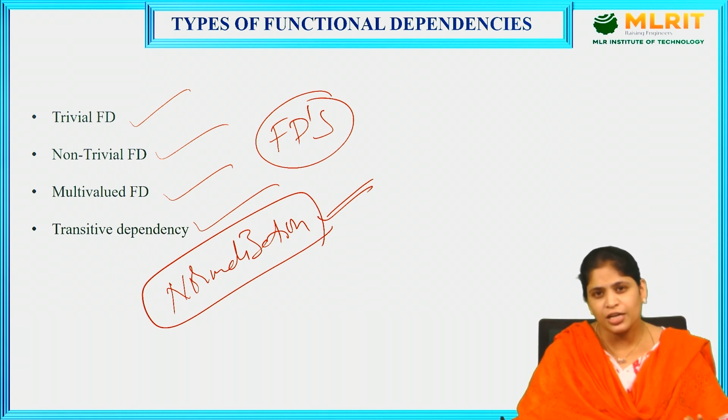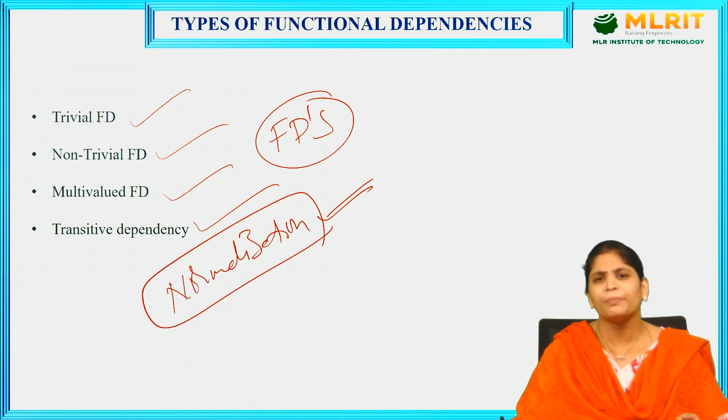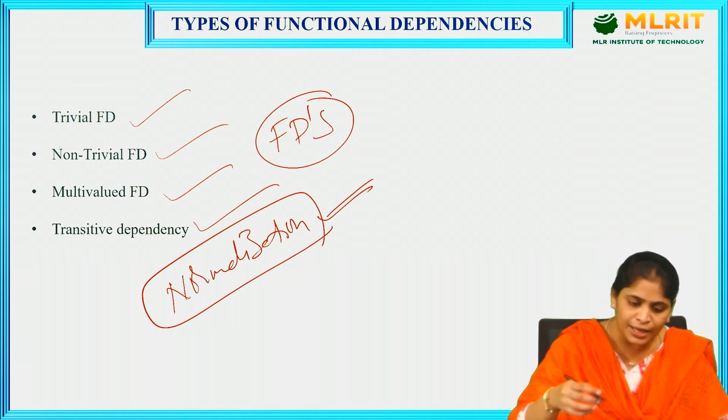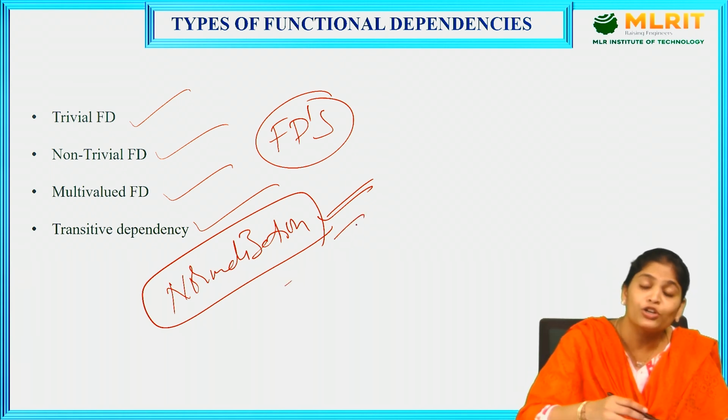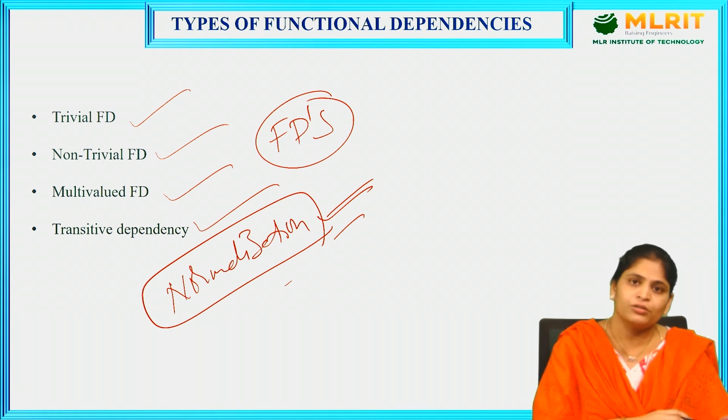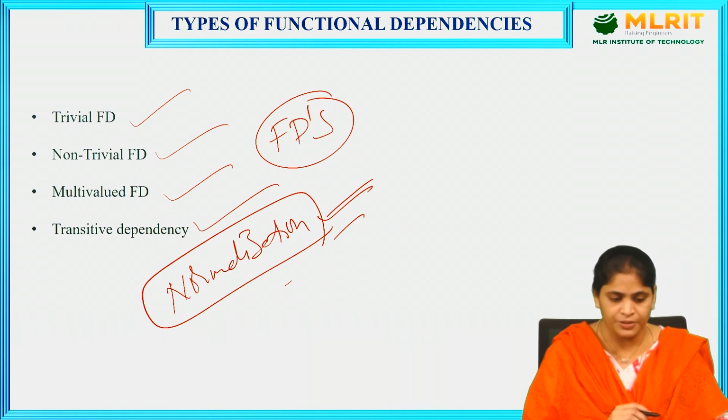What are functional dependencies? How can we represent functional dependencies? It purely depends upon the columns, right? The reason we are studying functional dependencies is to know about normalization. This is the prerequisite to deal with normalization concepts.